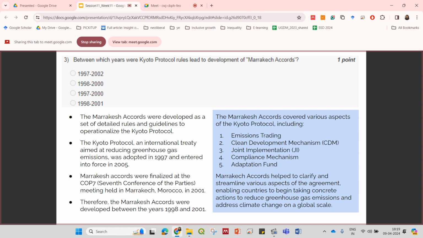So the Marrakesh Accord helped to clarify and streamline a lot of aspects related to the Kyoto Protocol and the Paris Agreement, enabling countries to begin taking more concrete and actionable steps to reduce greenhouse gas emissions and to address climate change on a global scale. So this is what the Marrakesh Accord is, and as we saw, it started to be developed after the Kyoto Protocol, which is in 1998, and it was formally announced in 2001. So the period is from 1998 to 2001. So I hope that is clear.